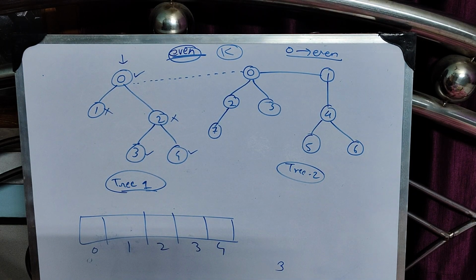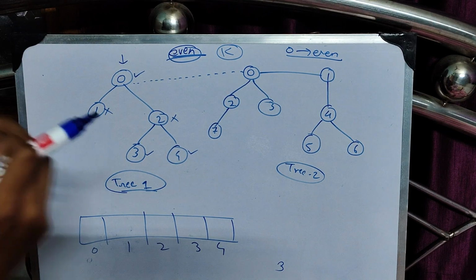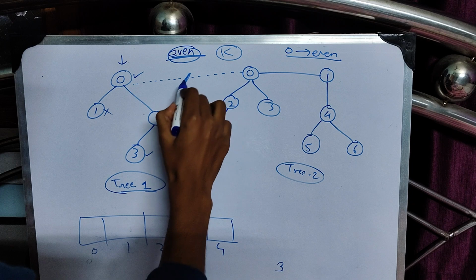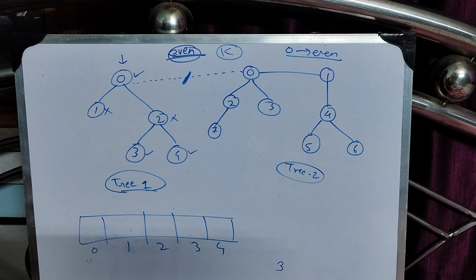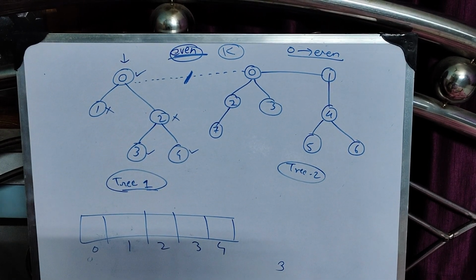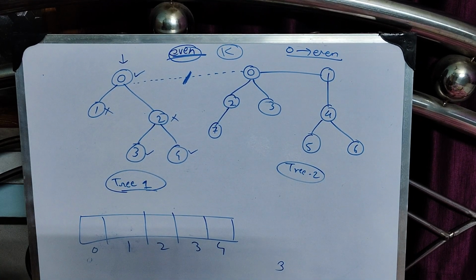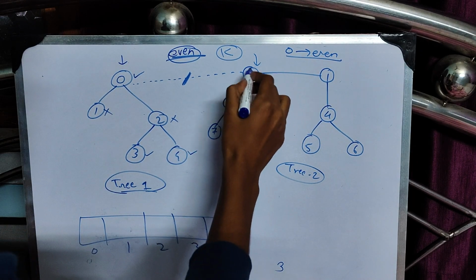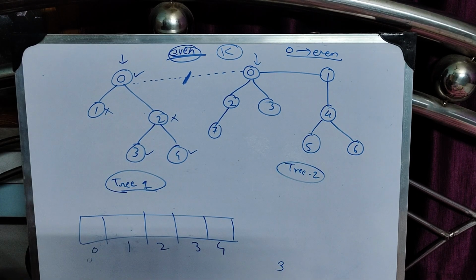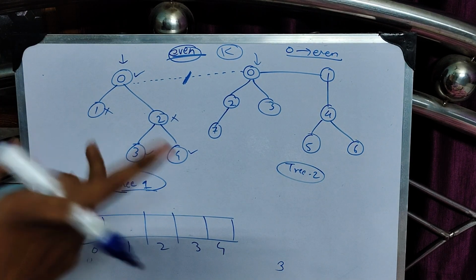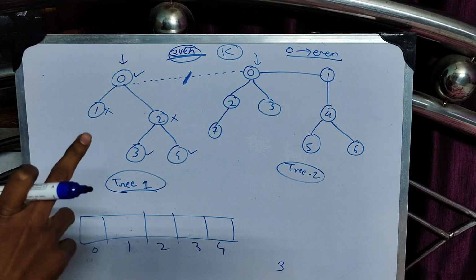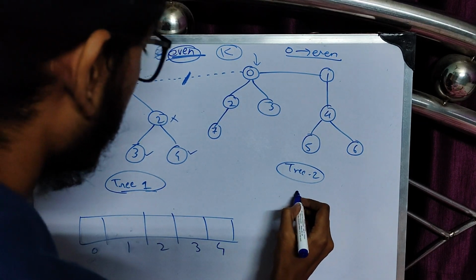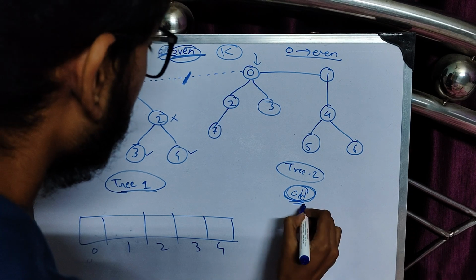If we need to cancel this edge, we need to count the number of target nodes present in tree 2 from the node that you have connected with tree 1, but the edges encountered should be odd for tree 2.